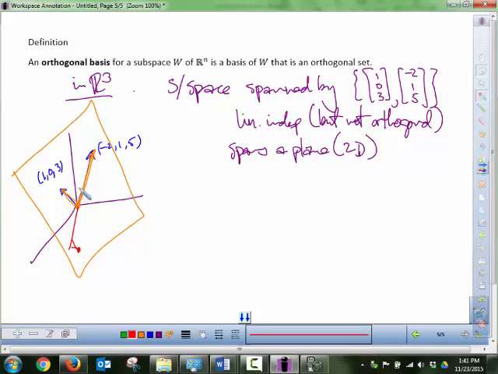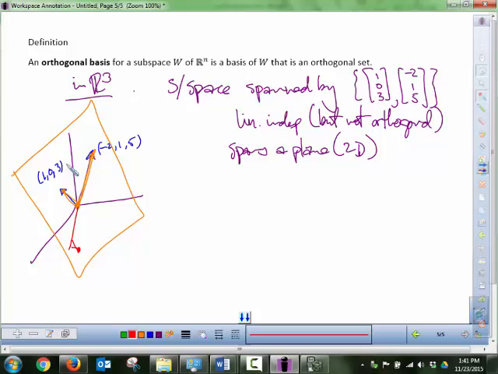That's what a linear combination means. You take these vectors, multiply one by a scalar and add it to the other vector multiplied by a scalar to get to some other point on that plane. That's the whole idea of spanning something. At any point on that plane, I can get to it with these two. That's what it means to be a basis.